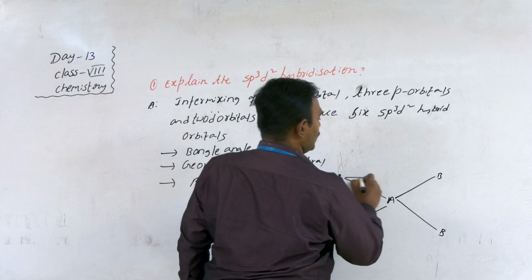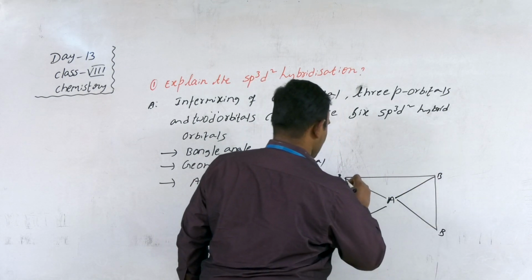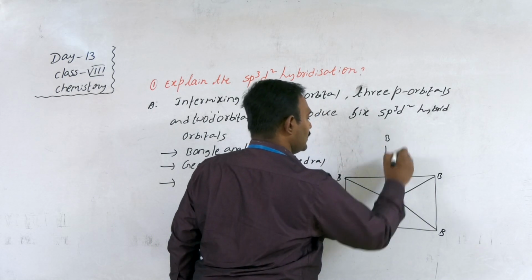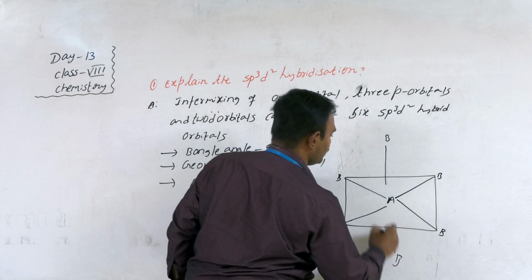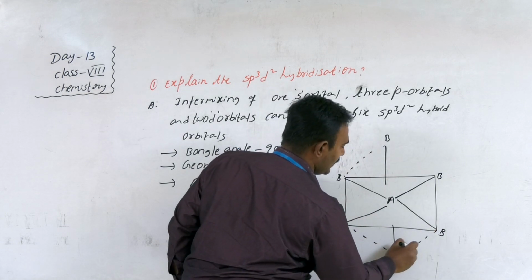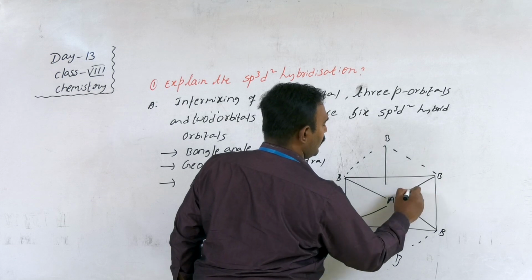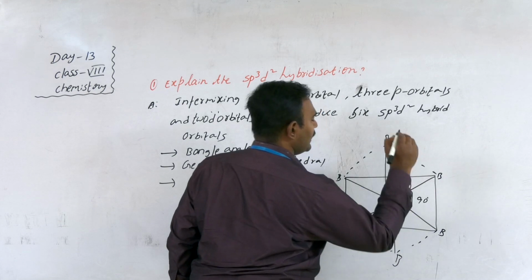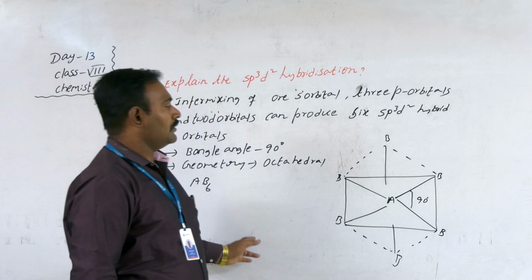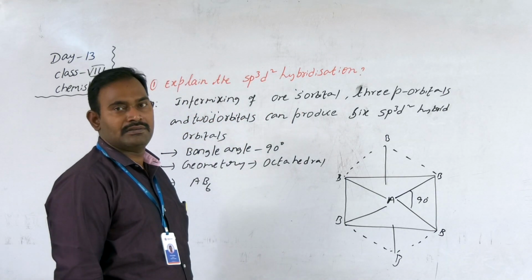Next, one atom above the plane, another atom below the plane. Next, the geometry will look like an octahedron, and the bond angle at anywhere will be 90 degrees. All bond angles are equal, so that is equal to 90 degrees.